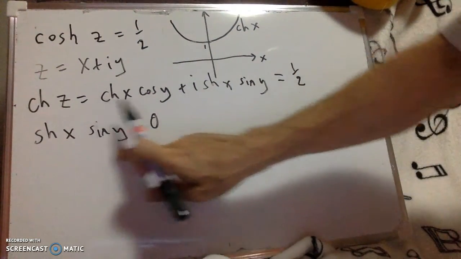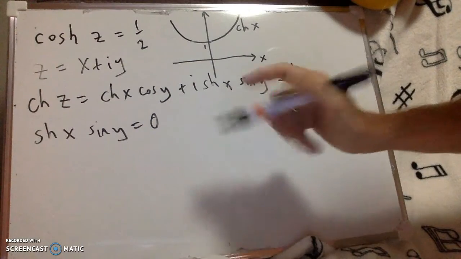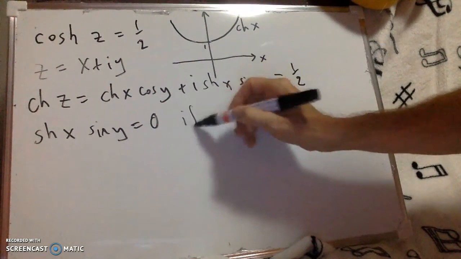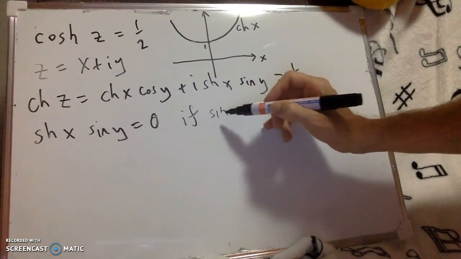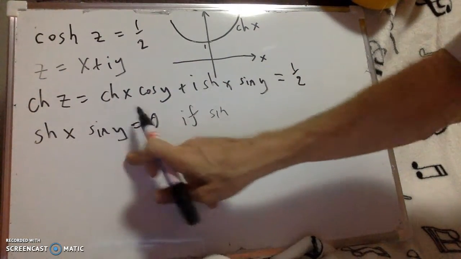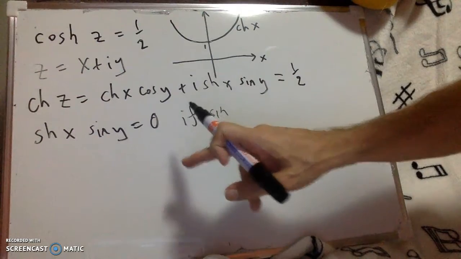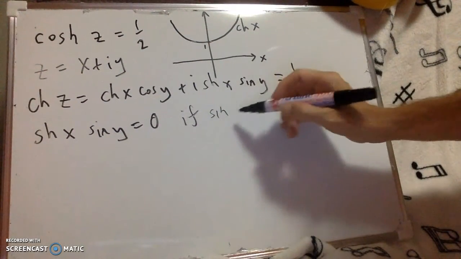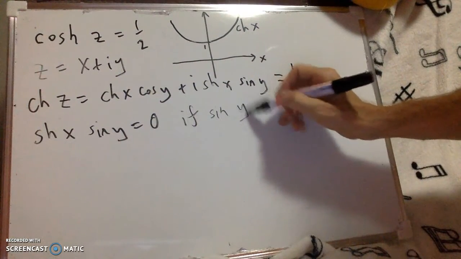If sin y is 0, what does that mean? It's unlikely that sin y is going to be 0, because we've just said that y can't be 0. But let's just see what happens if we put sin y equals 0.